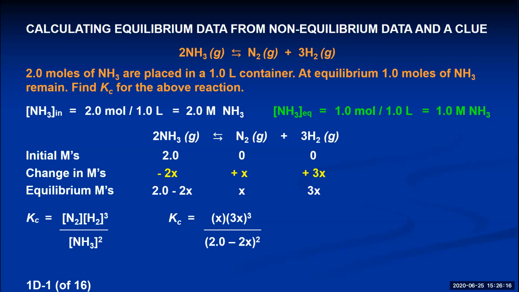The equilibrium molarity of ammonia is 1.0. So what's the equilibrium molarity of ammonia? Well, look under the ammonia in the equilibrium line. It says 2.0 minus 2x. So 2.0 minus 2x has to equal the 1.0 molar. This is going to allow us to figure out what x is.